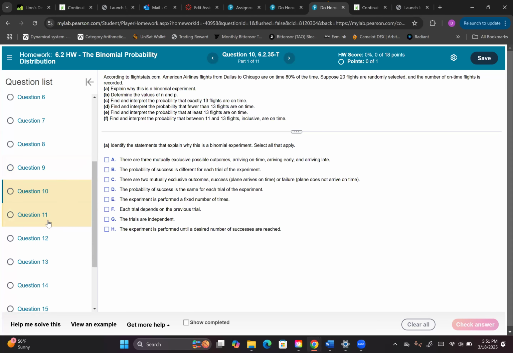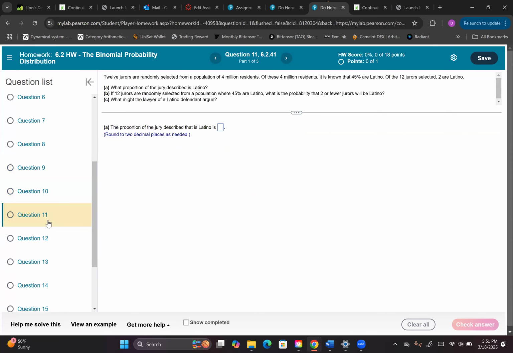I want you guys to try a little bit more, so I'll let you try that one, but obviously it's going to be built off all of these. This one is probably binomial again.